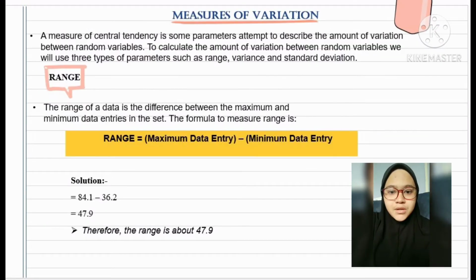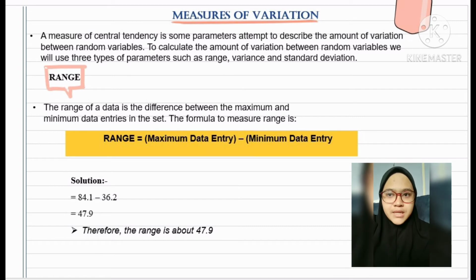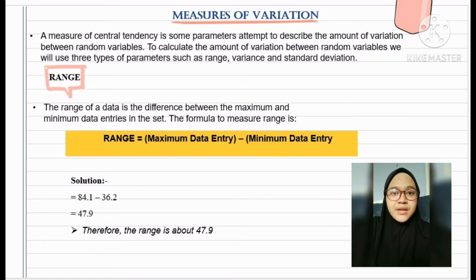Okay, measure of variance. Measure of variance is some parameter that attempts to describe the amount of variation between random variables. To calculate the amount of variance, we will use three types of parameters such as range, variance, and standard deviation.